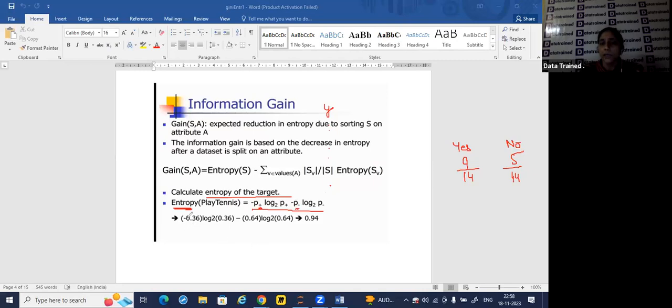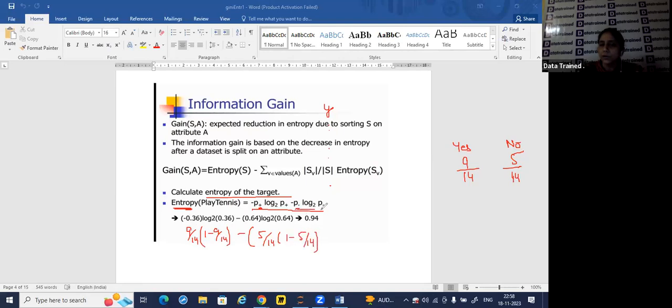Here it is taking positive values. So here it is taking 9 by 14, then log of P plus, and 1 minus 9 by 14. Then this one is P minus, meaning negative, so 5 by 14 and 1 minus 5 by 14.